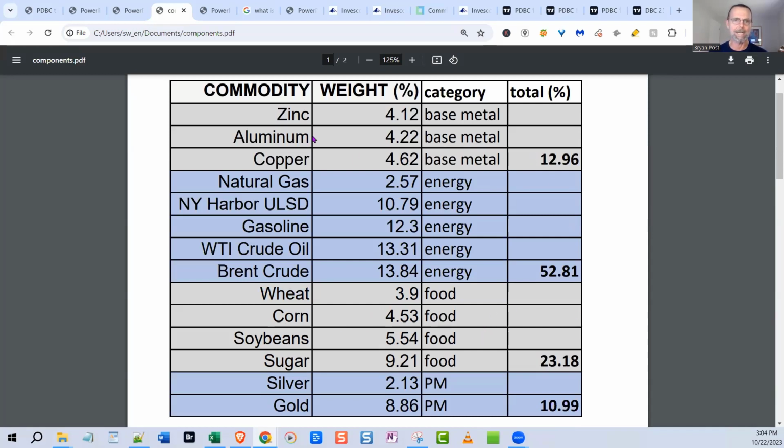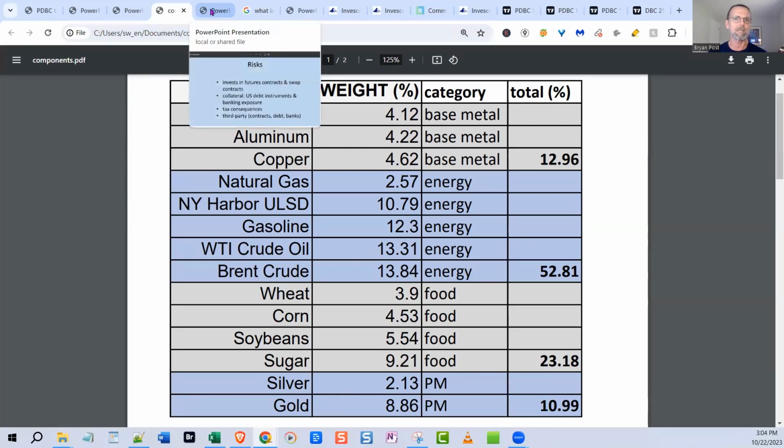And then the next weighting is base metals. So zinc, aluminum, copper, all of those are important metals, in particular in a wartime economy where you might actually have to build things like tanks, 155 millimeter artillery shells, etc. And so anyway, not a bad place to have exposure in the commodities, and then 11% silver and gold, and so precious metals, obviously a good place to be.